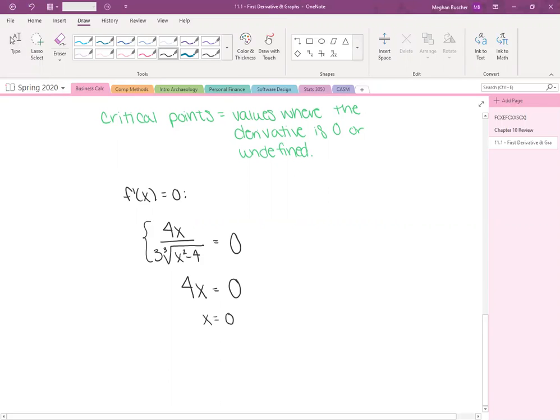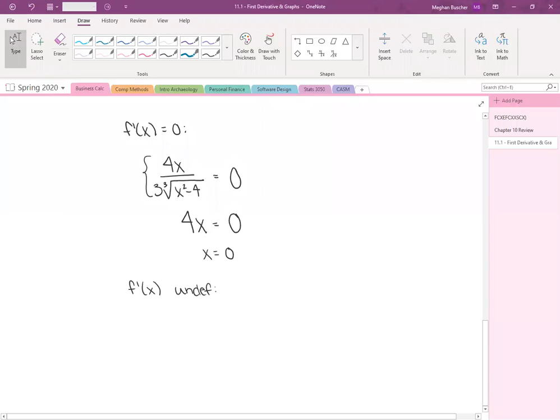So we know that the derivative equals 0 when x equals 0. Awesome. Now what about where the function is undefined? Where can it be undefined? Isn't this when the numerator is equal to 0, or is the denominator equal to 0?